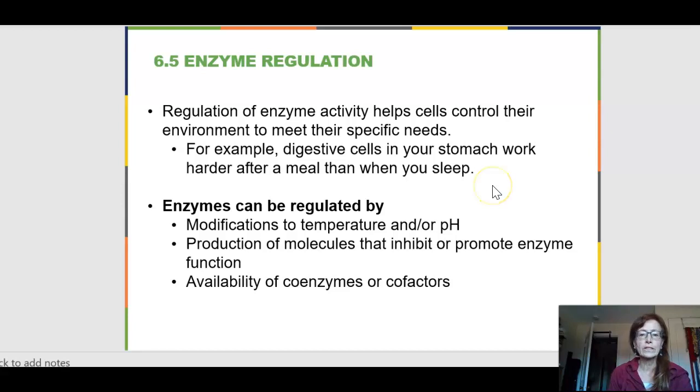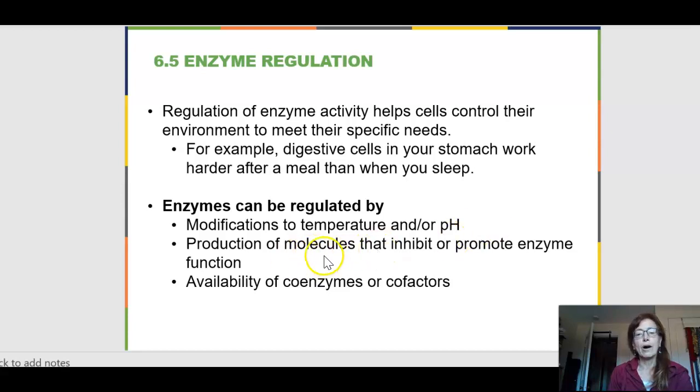So we have to have certain things regulated throughout the day. We actually have kind of a rhythm of certain things being regulated throughout the day. So our enzymes, we've talked about this a little bit already, they themselves can be regulated by a number of things, such as some change in body temperature or a change in the pH in an environment.